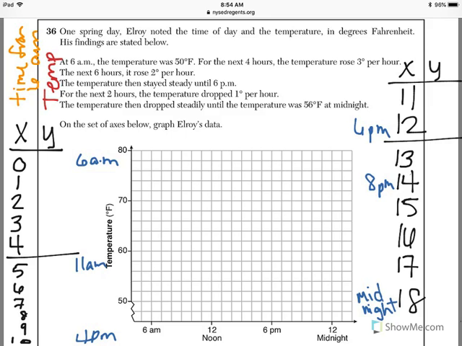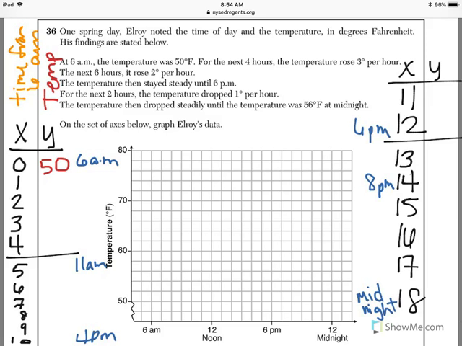It might not make sense at first, but my x's are in time, but it's time away from 6 a.m. So 6 a.m. is time 0, and then it goes all the way down to 18, because 18 hours from 6 a.m. is midnight, and that's where it's supposed to stop. So the first thing it says is that at 6 a.m. the temperature was 50.